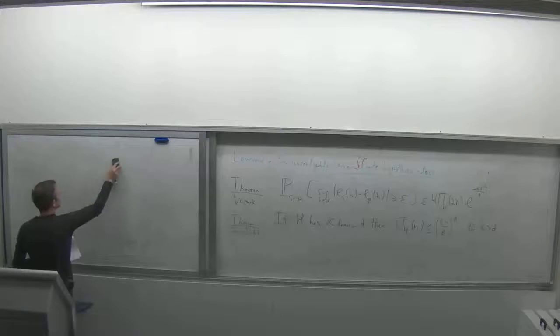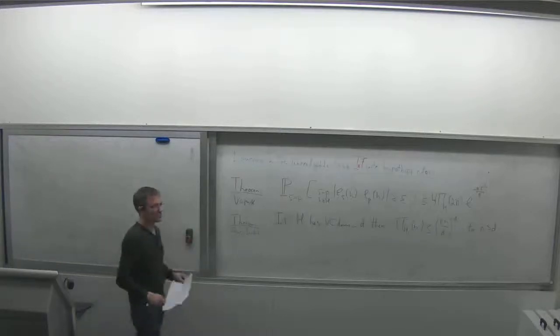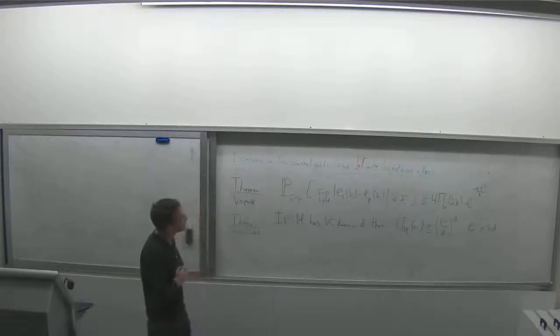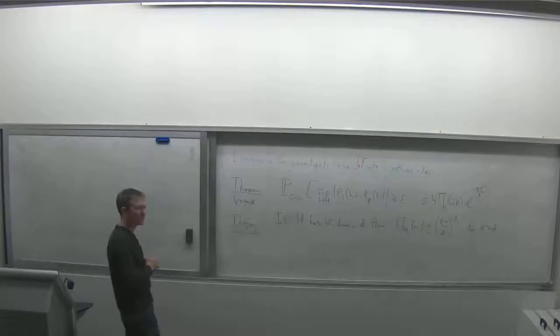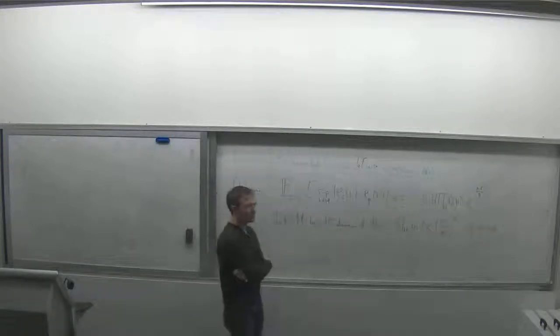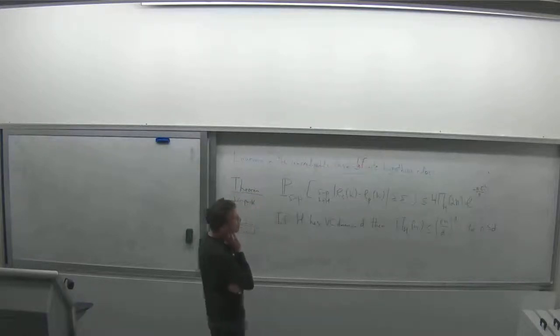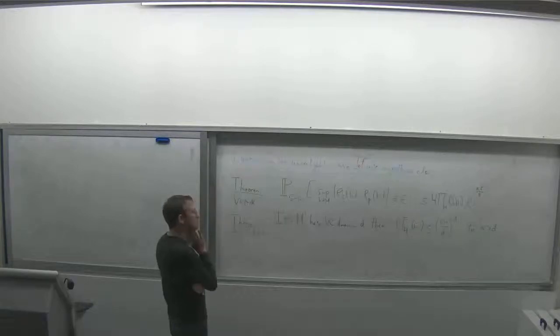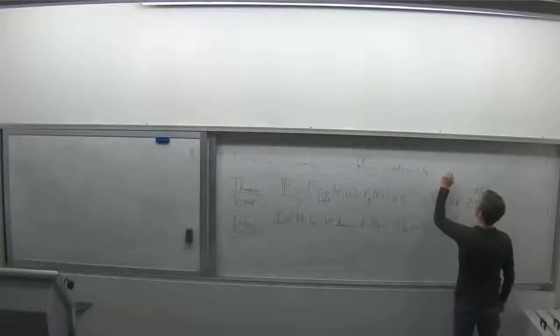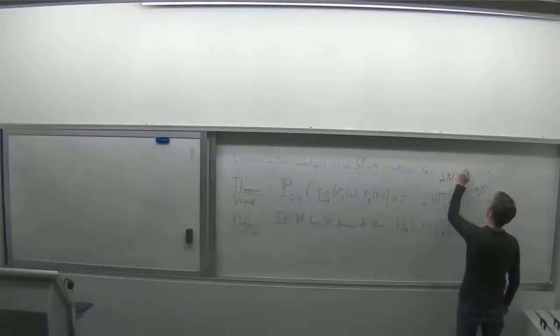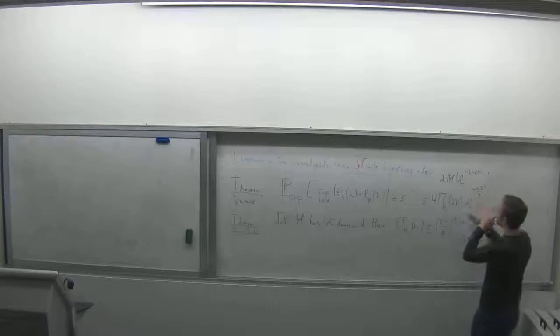So it solves the problem. What we did in the first theorem was a bound involving 2 times the size of H, multiplied by e to the minus 2 n epsilon squared.